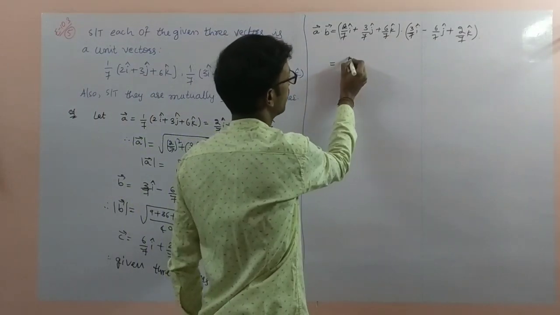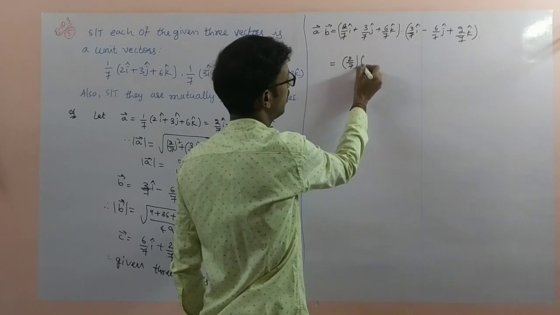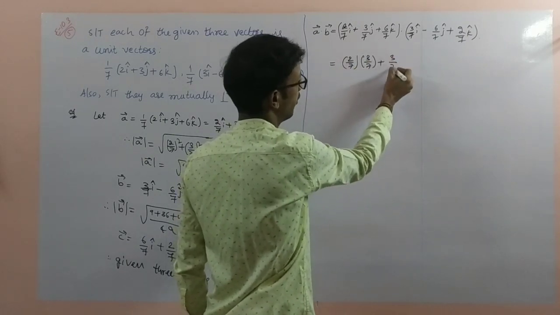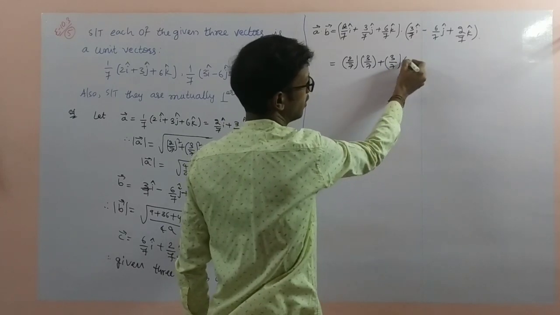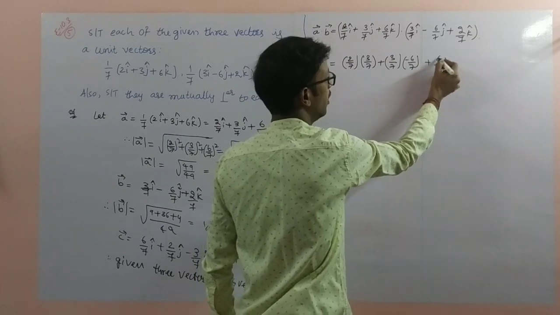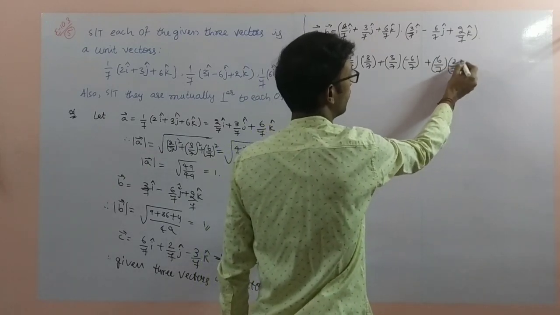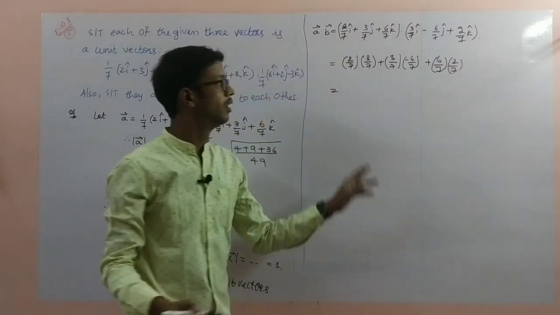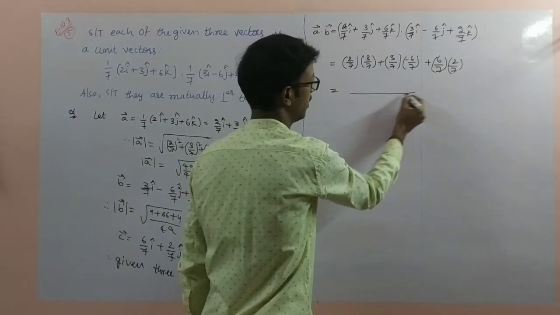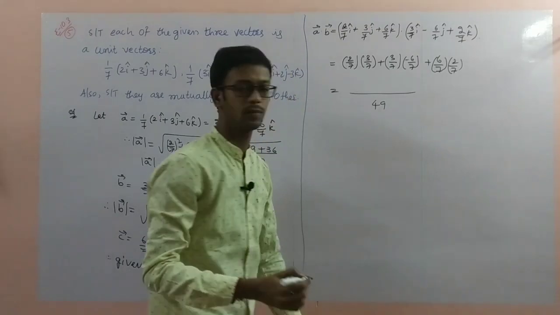So now 2 by 7 into 3 by 7 plus 3 by 7 into, here minus is there, minus 6 by 7 plus 6 by 7 into 2 by 7. Denominator 7 into 7 is 49, so take the LCM as 49.